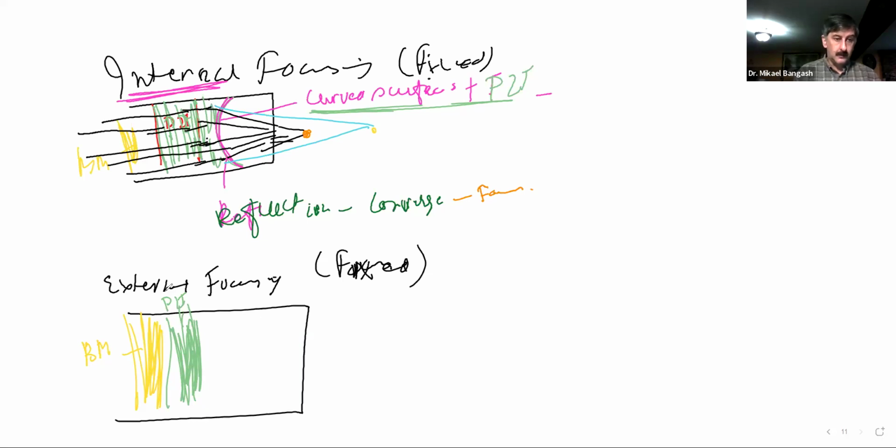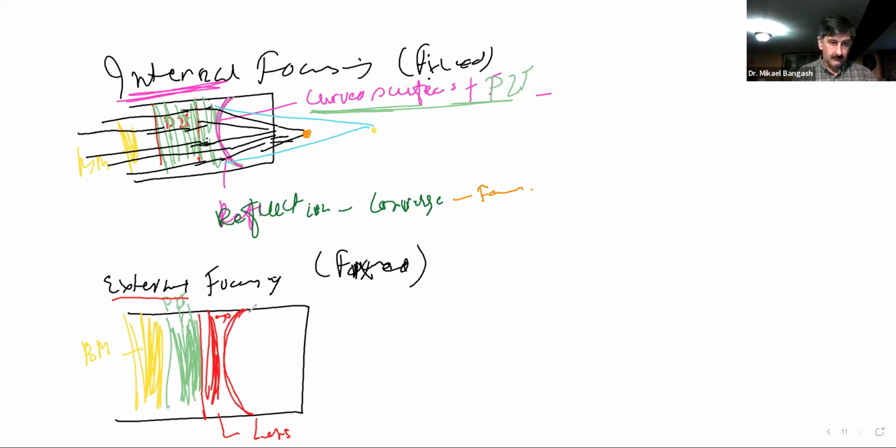Here they call it external focusing, because externally to the PZT there is going to be a lens. And here is going to be the surface of the lens.